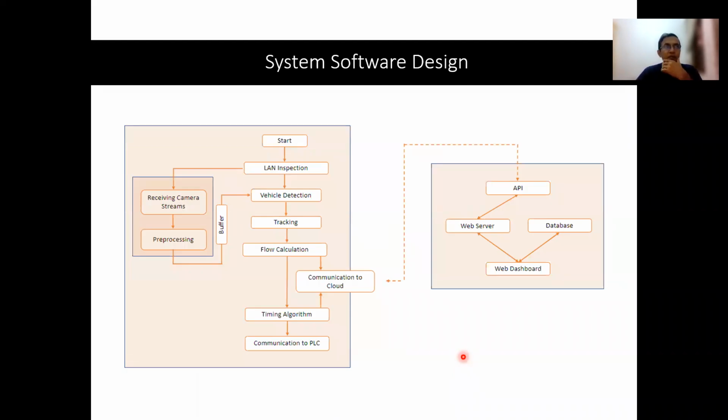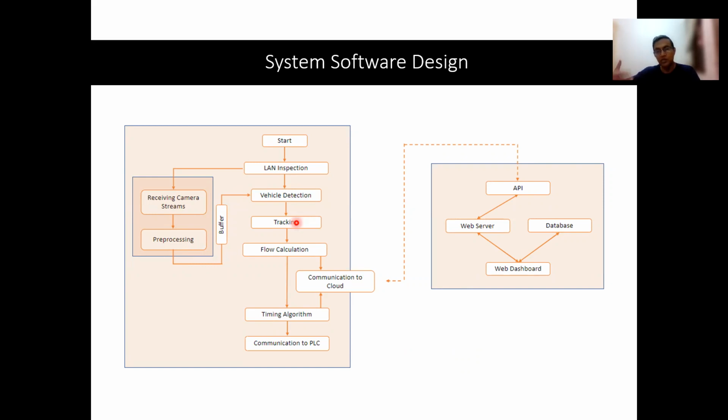And if you look at the software side, for your information, it goes like this. Don't worry too much about it. Once you set up your LAN and receive camera streams, you pre-process and buffer them and send them to vehicle identification and detection. Then you do the tracking.